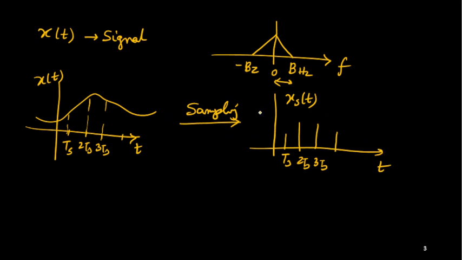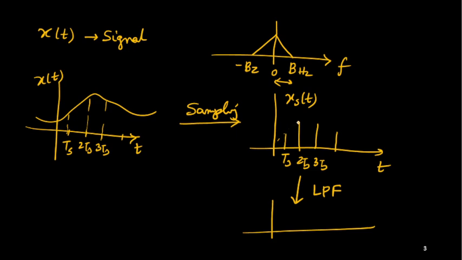Now from this sampled version of the signal, we can get back the original signal. From this xs(t) we can get back, if I pass it through a low pass filter, this envelope.